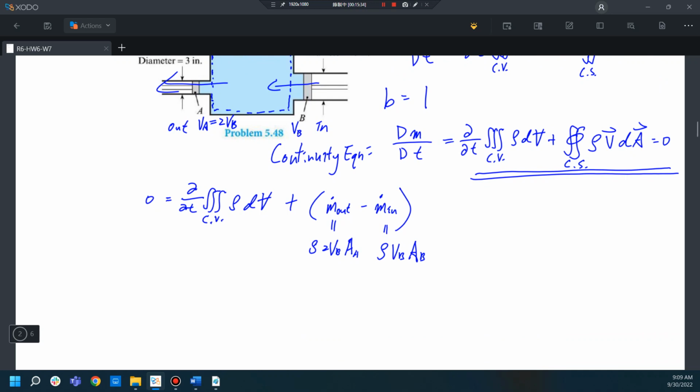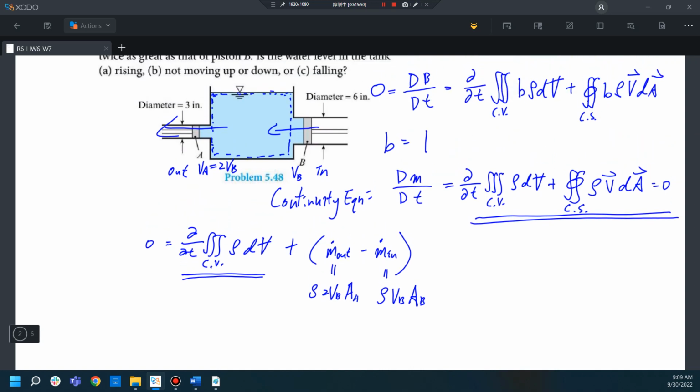And for this part, we can take rho out because we assume that the liquid is not compressible, so the density is a constant.